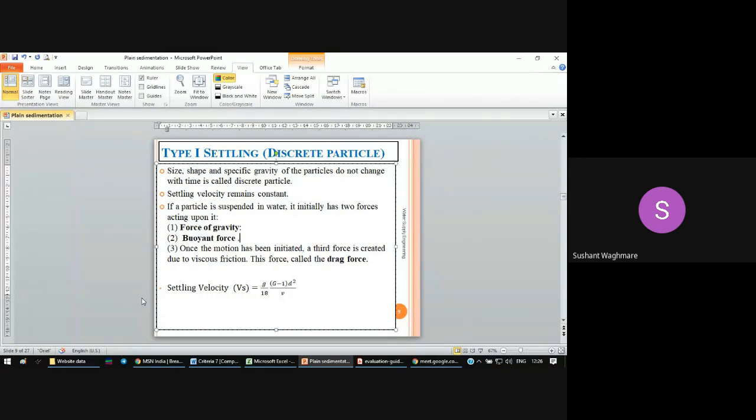So settling velocity is calculated by a formula. You can see the formula: g upon 18 into (G minus 1) into d square upon v. So here g is the gravitational acceleration that we know. Then capital G. I guess in case of soil mechanics, you might have come across the term G, capital G. So what is capital G?